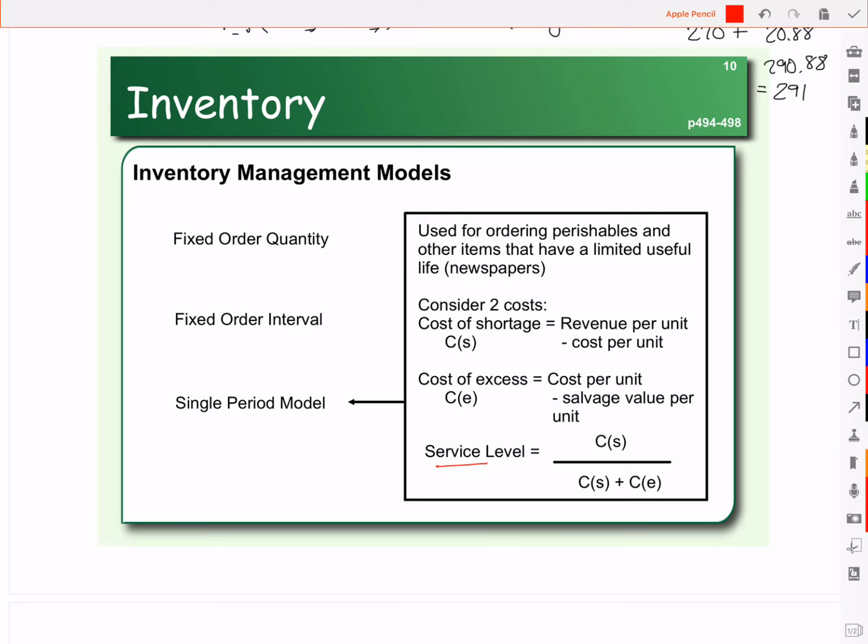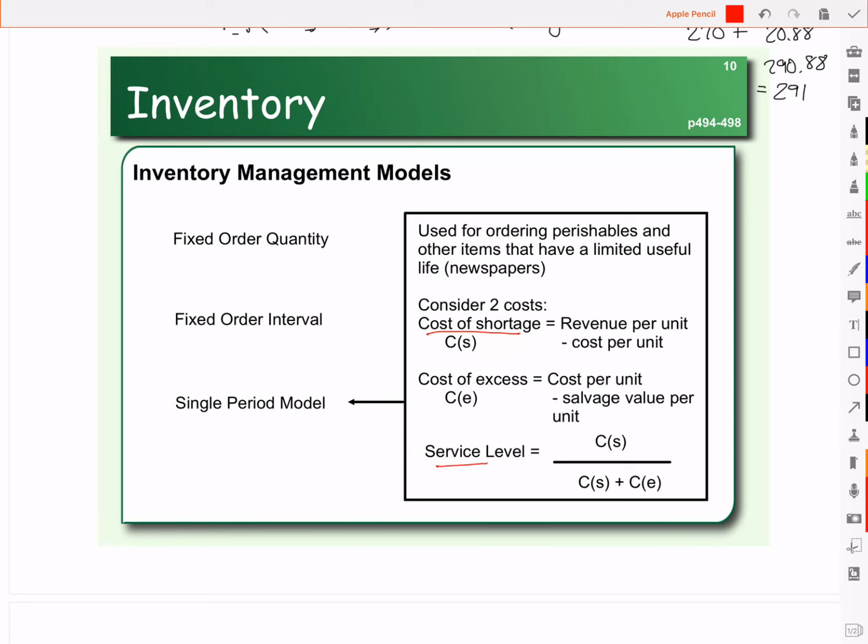So instead of with the fixed order interval, where you chose a service level of 90% or 95% or 99%, in this case, the service level is going to be based on the trade-off of having too much or too little. So we have a cost of a shortage. So what happens if a customer comes, let's say you're Tim Hortons, okay? You're Tim Hortons and customers come to buy donuts and muffins.